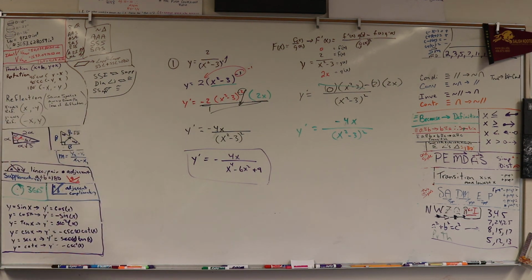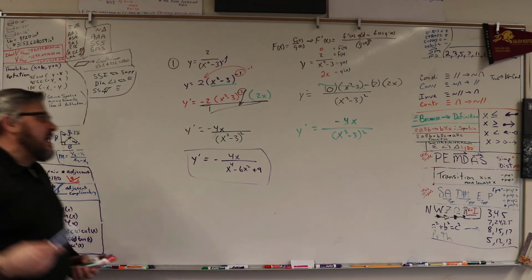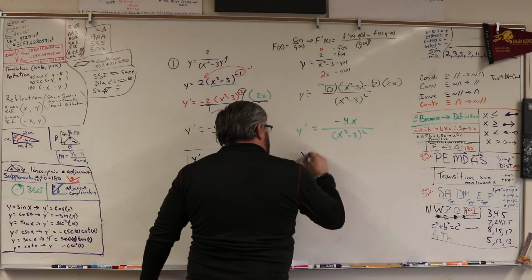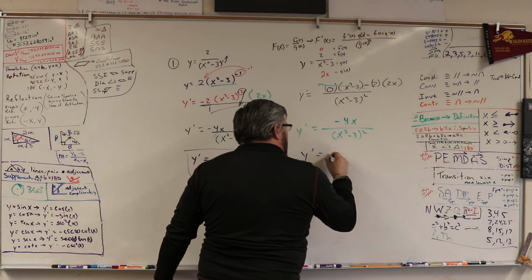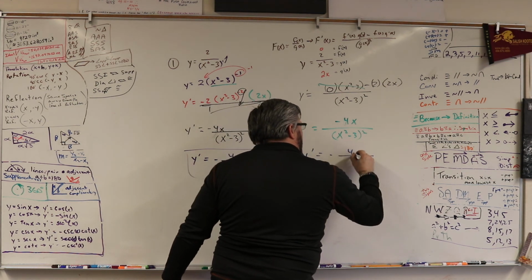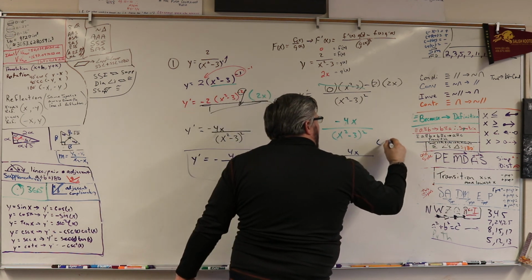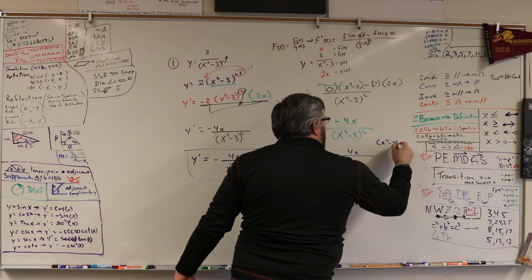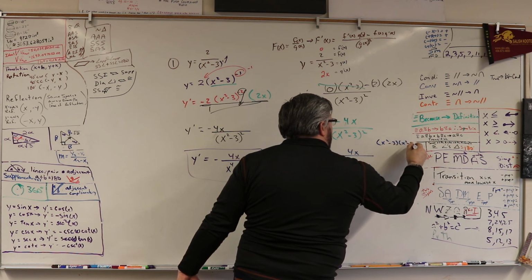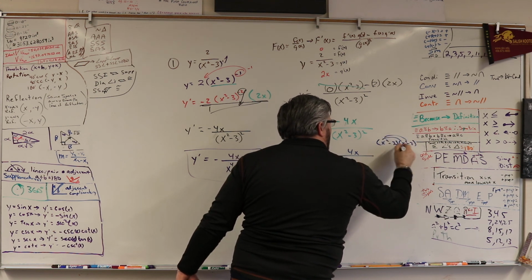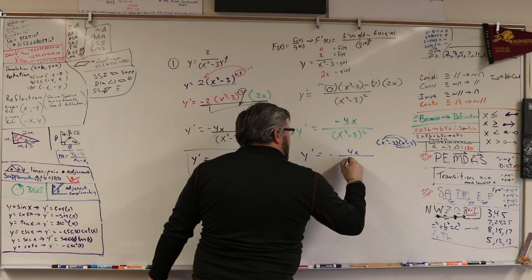And for our book, they wanted us to take it that next step. So the next step was that negative outside, the 4x up top. Then we take this and stretch it out. In other words, we're doing x squared minus 3 times x squared minus 3 and doing the clamshell, which is x to the 4th.